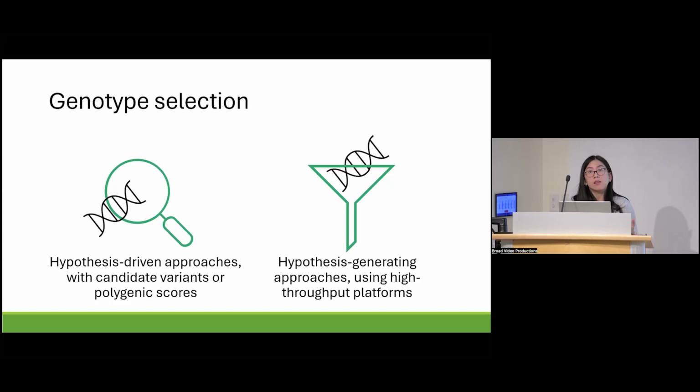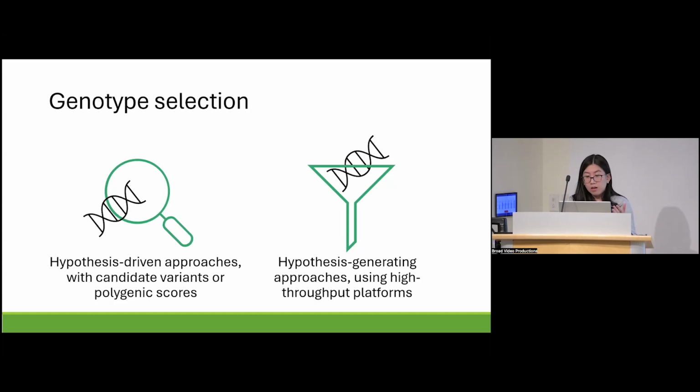But more recently, the use of polygenic scores has also allowed for hypothesis-driven approaches, where the idea is that the genetic underpinnings of a disease may have something to do with the response to medications for that disease. Many people have looked at risk scores for disease, and we can also look at risk scores that are anchored on some pathophysiology or some pathway related to disease, and try to understand the response to medication from a mechanistic perspective.